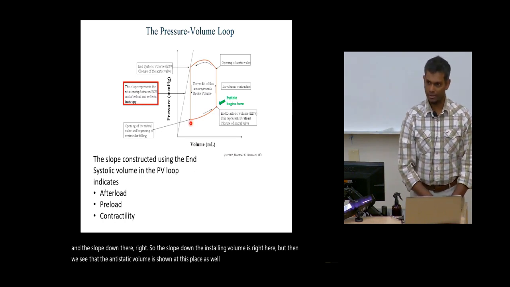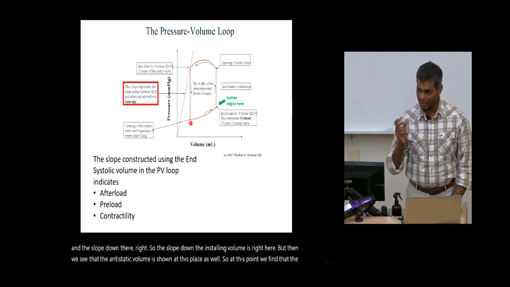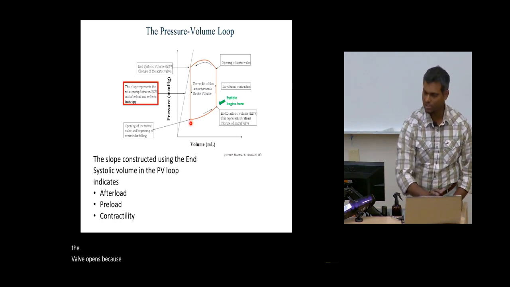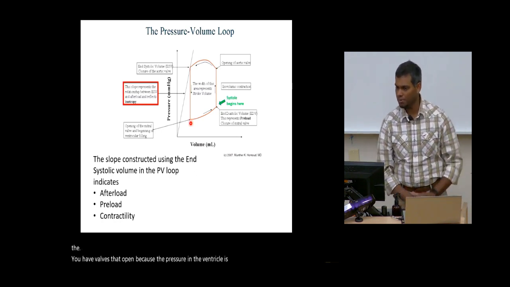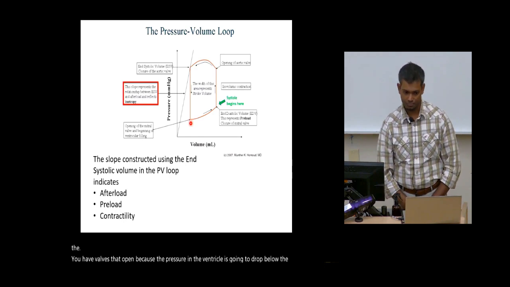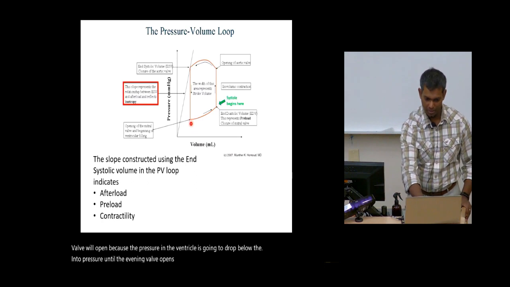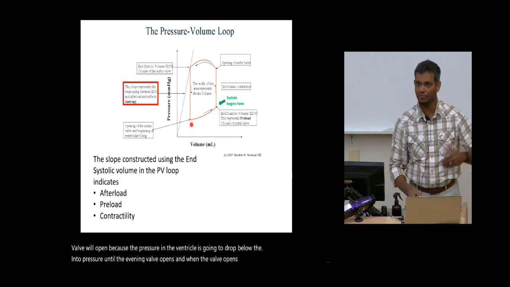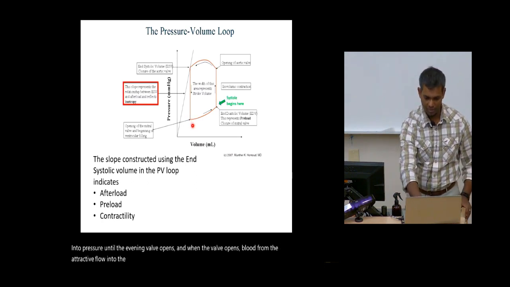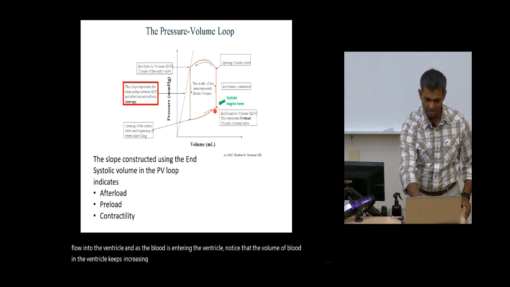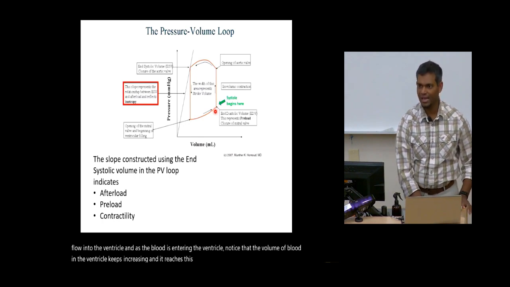So at this point we find that the atrioventricular valve will open because the pressure in the ventricle is going to drop below the atrial pressure, and so the AV valve opens, and when the valve opens, blood from the atria can flow into the ventricle. As the blood is entering the ventricle, notice that the volume of blood in the ventricle keeps increasing and it reaches this end diastolic volume.